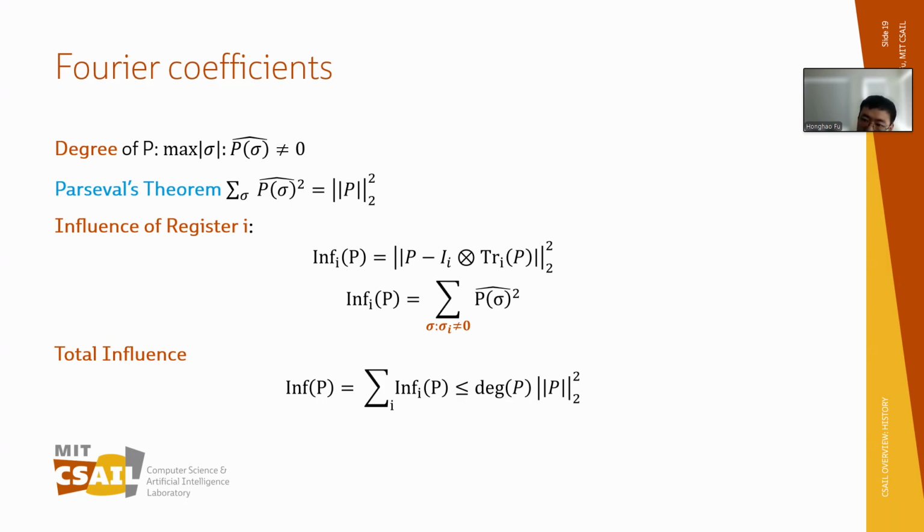The weight of sigma is upper bounded by the degree, so you have this upper bound, degree times 2 norm square. This is the background part of the Fourier analysis. And then I'm going into the proof of theorem 1.